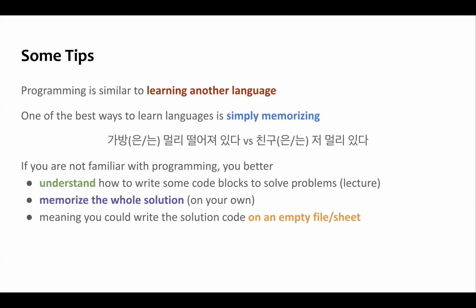So in this process, you can improve your understanding. So if you think you are not good at programming, memorize quite a lot of code blocks. Then after you memorize like 50 code blocks, you'll be very good at programming. I'm pretty sure about that.